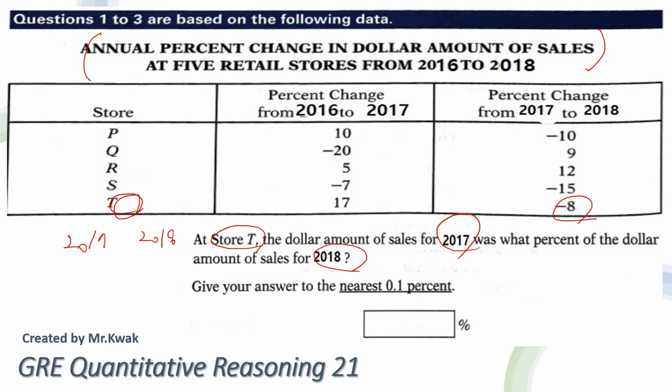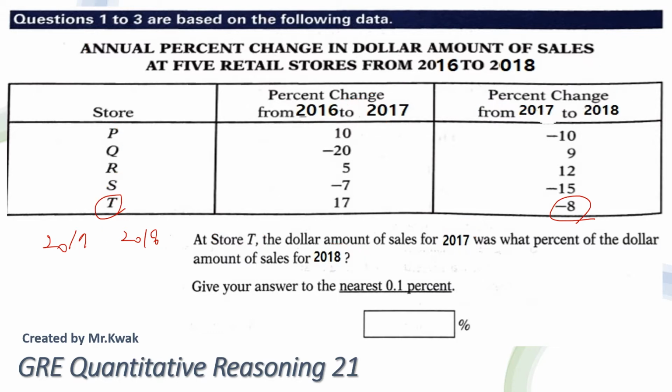Compared to the previous question, they are asking about store T, so we don't have to worry about P to S. Also, differently, they are not talking about the left column. What they are talking about is the right column, from 2017 to 2018. So we can talk about it.